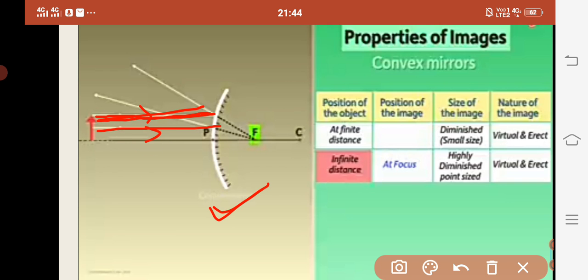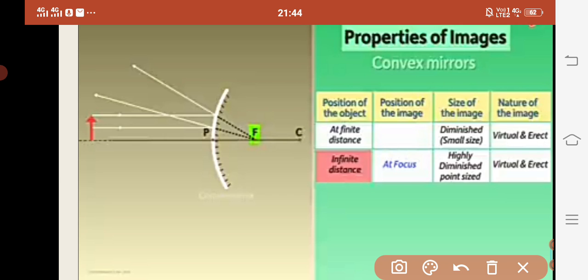Now since it is parallel, after reflection it will pass through the focus. This we have already learned in the rules related to image formation. The very first rule was when the light ray is parallel to the principal axis, after reflection it either actually meets at the focus or appears to meet at the focus. Is that clear?